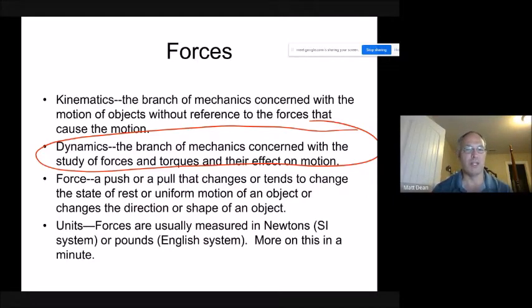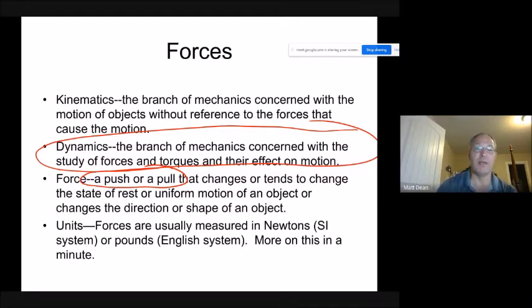A force is a really important idea in this unit. A force is really simply just a push or a pull, but it's a push or a pull that changes the state of rest or uniform motion of an object. It makes things move, or it makes them change how they are moving, whether that's in the direction or maybe the shape of the object or the rate at which the object is moving.